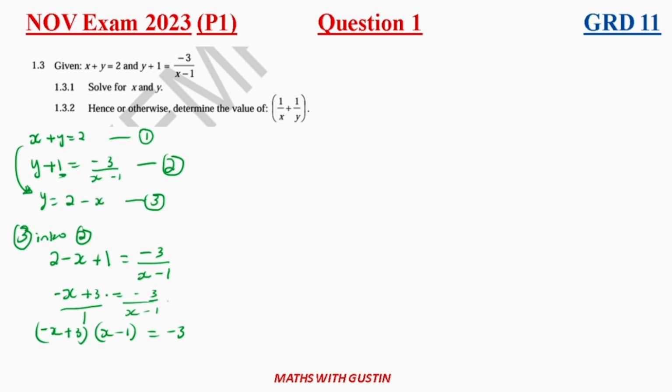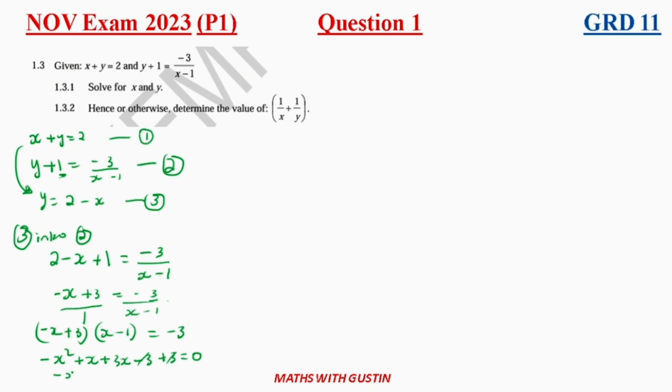Now we remove the brackets here. x times x is negative x squared. x times that negative 3 is plus 3x. Then negative 1 times negative x is plus x, and negative 1 times 3 is negative 3. Then I take this 3 to that side, which gives us positive 3. It equals 0. So 3 and 3 would cancel out.